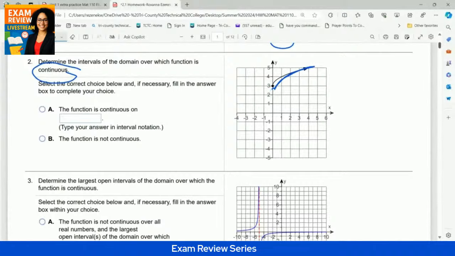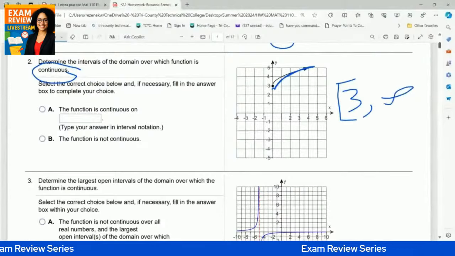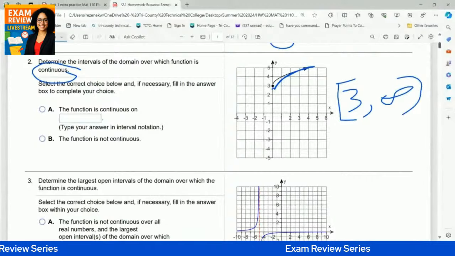So if I'm writing this, I can use the interval notation: 3 with a bracket, comma, positive infinity. You do not enclose infinity with brackets, so it has to be a parenthesis. So the domain of the function on the interval of existence is 3 to positive infinity.